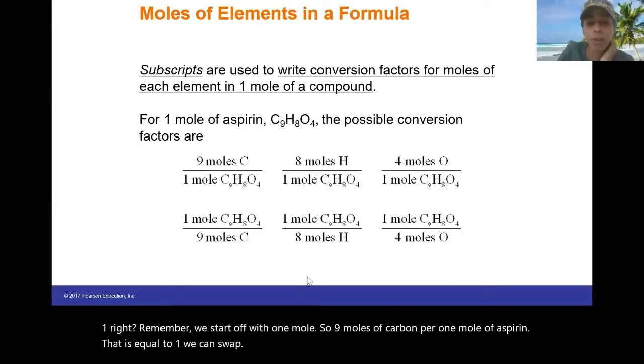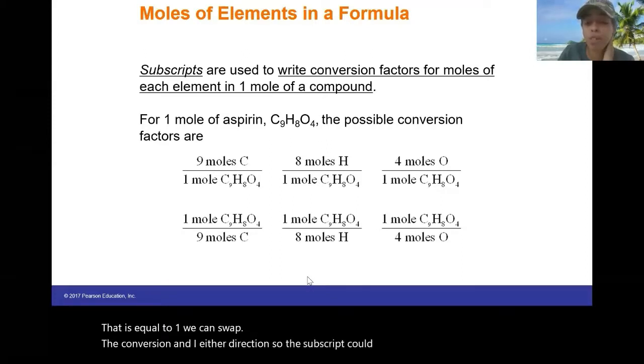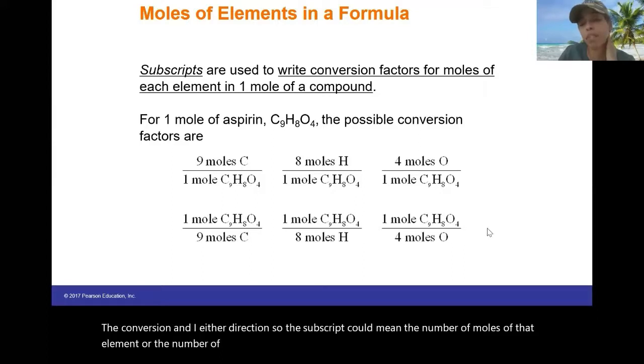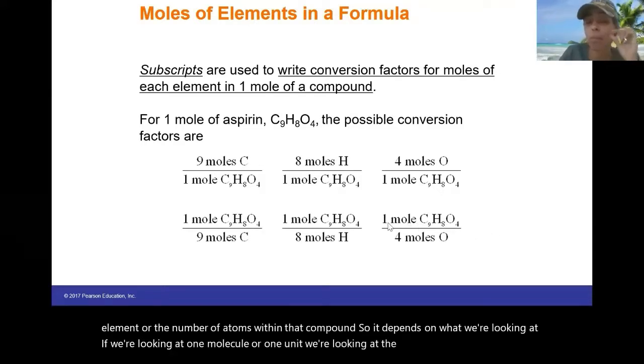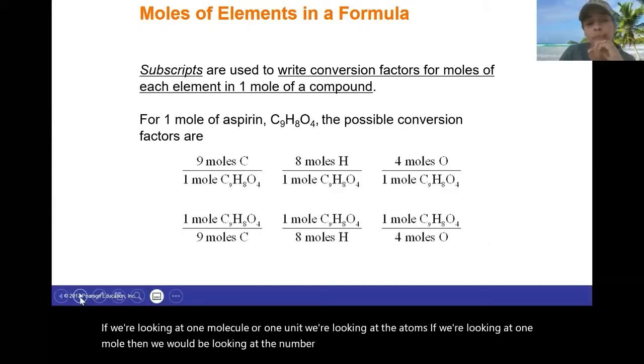So the subscript could mean the number of moles of that element or the number of atoms within that compound. So it depends on what we're looking at. If we're looking at one molecule or one unit, we're looking at the atoms. If we're looking at one mole, then we would be looking at the number of moles of atoms, right?